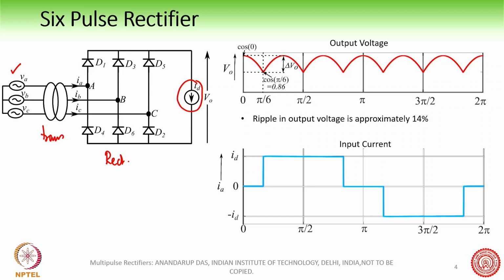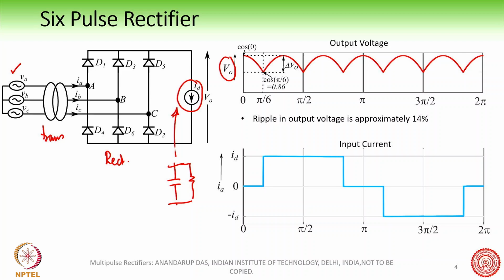But the analysis which I am going to present today is equally valid if you have a capacitive load also. For example, in place of this, we can have a capacitive load with an equivalent load resistance.